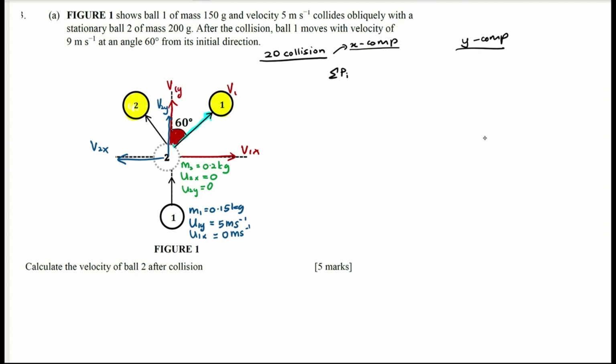Total momentum initial in X component is equal to total momentum final in X component. Okay, so kita mulakan dengan ini dululah. X component. So dia akan jadi apa? Initially, mass 1 dia tidak bergerak in X component. So mass 1 dia akan saya letak kosong terus. Plus mass 2. Mass 2 pun sama juga.